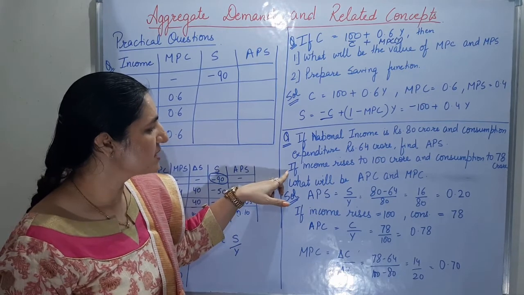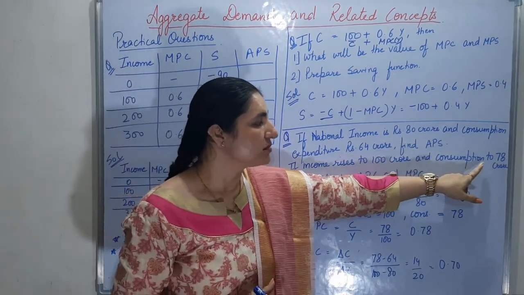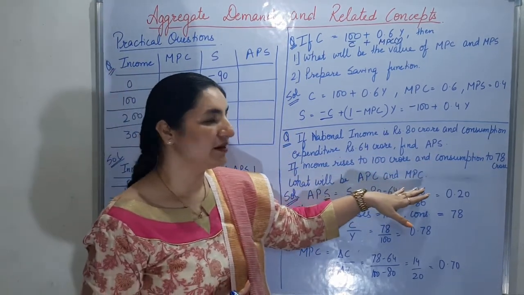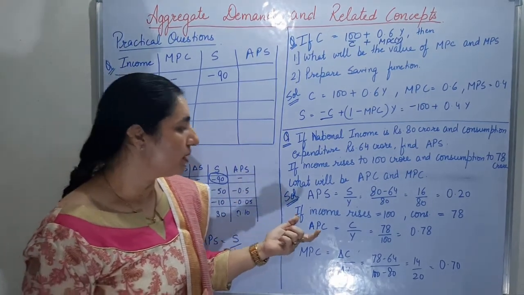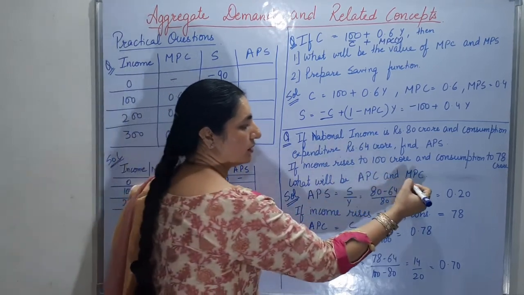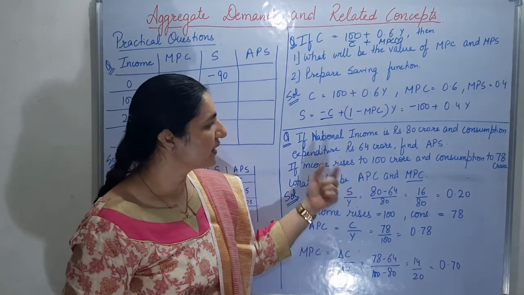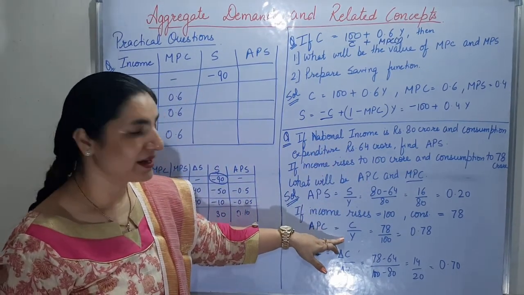Next part says, if income rises to 100 crore and consumption to 78 crores, what will be APC and MPC? So here when we calculate MPC we are talking about the additional values. In APC, we can apply the direct values. APC is consumption by income.